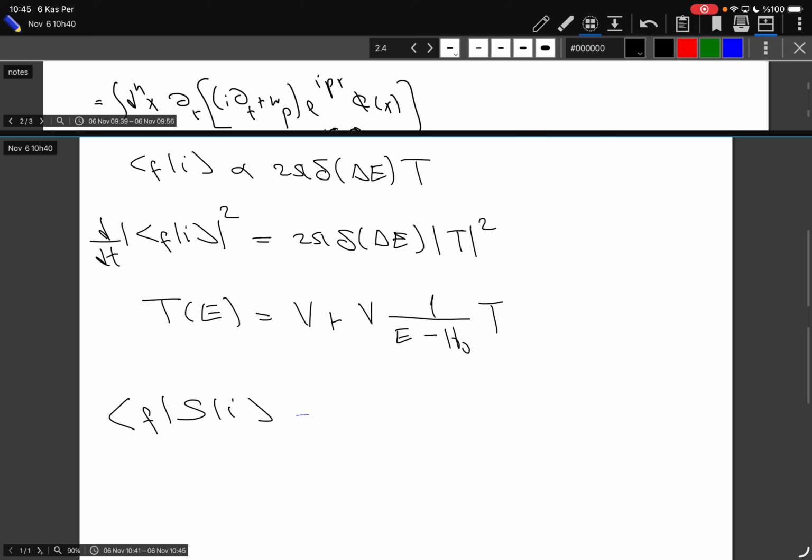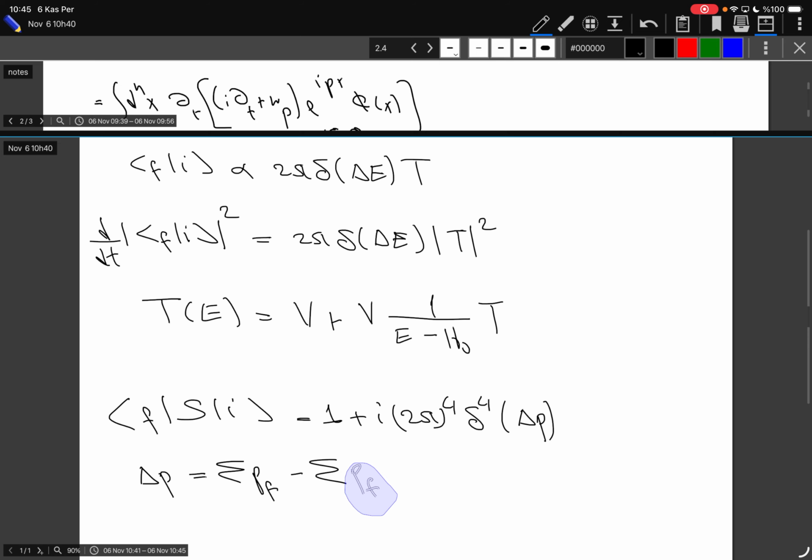This is equal to 1 plus i times something where I will get eventually some energy and momentum conservation, so I make it explicit. This delta P is the sum of the four-momenta of the final state minus the sum of the four-momenta of the initial state, whichever particles you have.